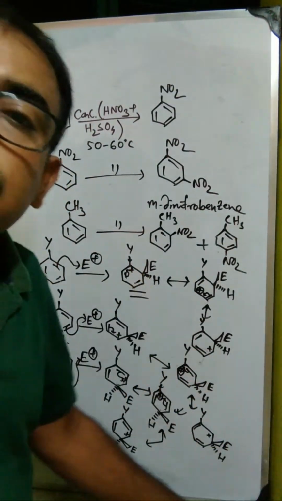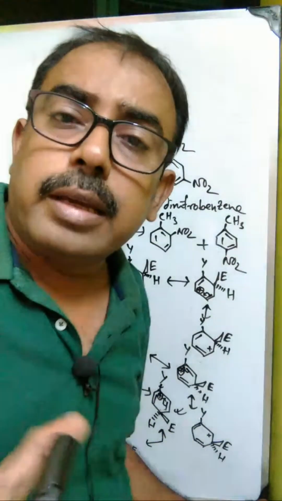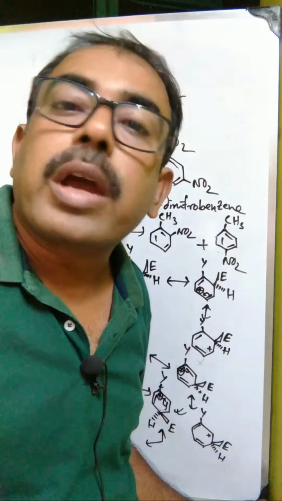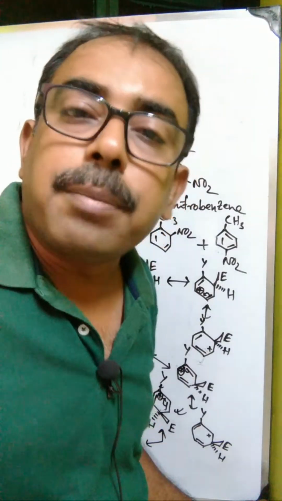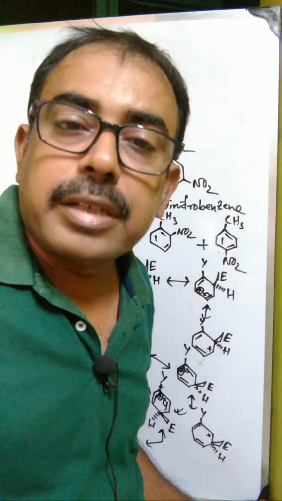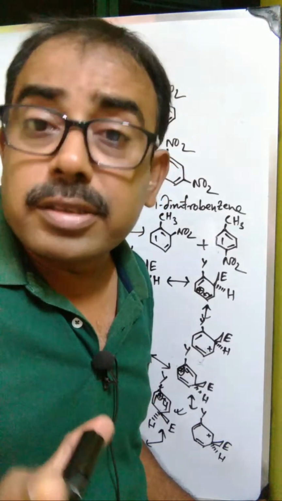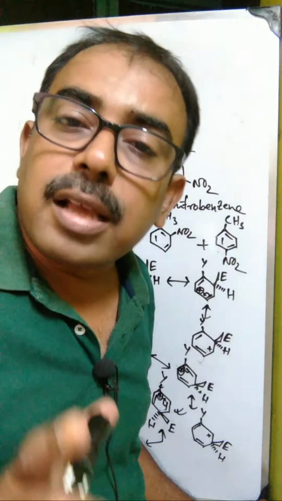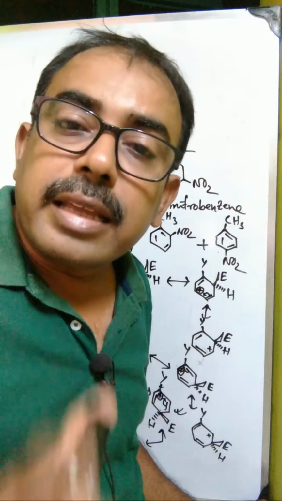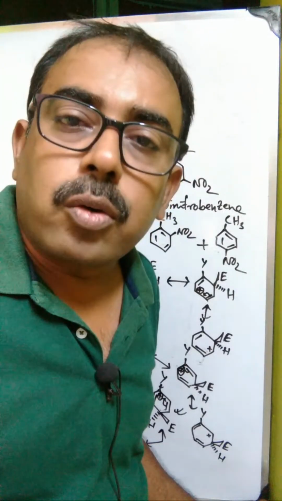So the substituent will add on ortho and para position just to have some extra stability, because in meta position no such extra stability is there. So the conclusion is that if the substituent has a plus I inductive effect, then that substituent must be ortho-para orienting.